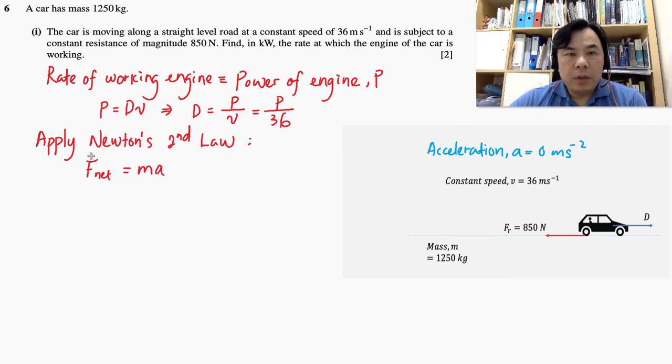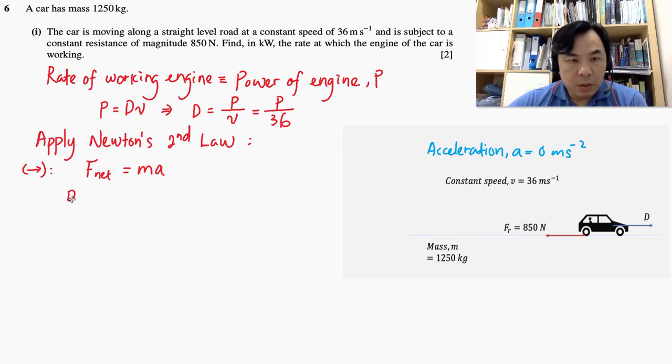You have to be very mindful that F net, which is the resultant force, is not just a force, unless there is only one force acting on the object itself. Here we have a few forces acting on the car, but we are only interested in the forces acting in the horizontal direction.